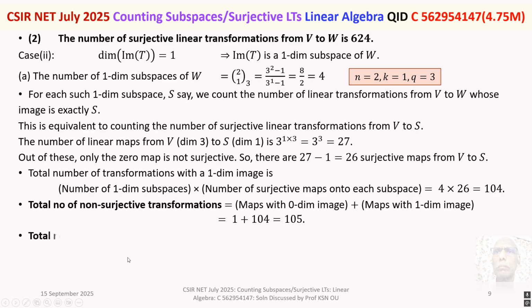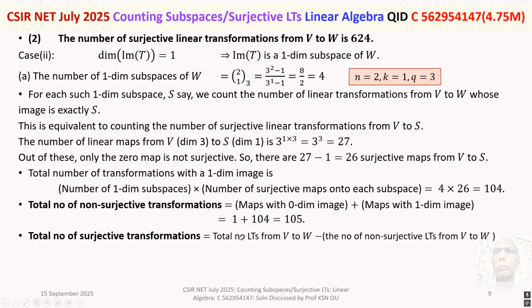Right. Now, this is what we have seen in the last slide. The total number of surjective transformations is the total number of linear transformations from V to W, that is 3 power 3 into 2, that is 3 power 6, that is 729, minus the number of non-surjective linear transformations from V to W, that is 105.